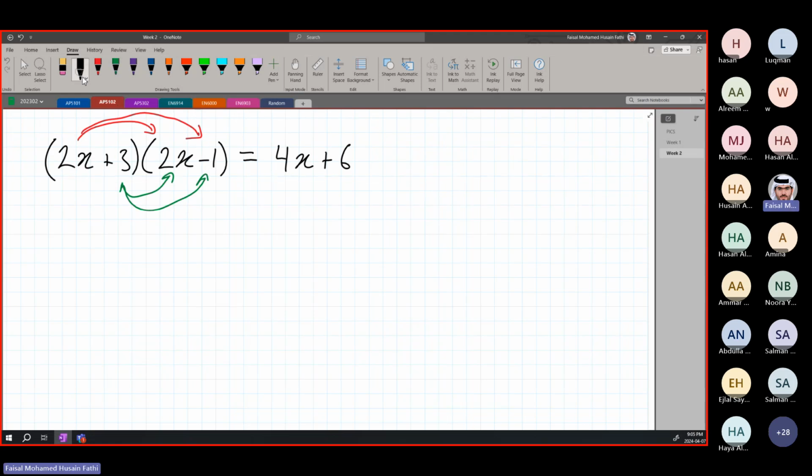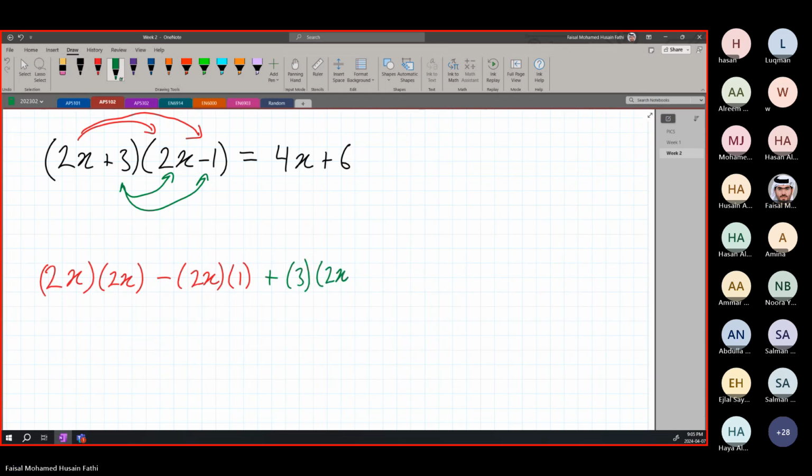So if I start the distribution, the red part is 2x times 2x. 2x is plus, this is minus, so this is minus 2x times 1. Now the green part, plus 3 and plus 2x, so it's plus 3 times 2x, plus 3 and minus 1 is minus, so 3 times 1.